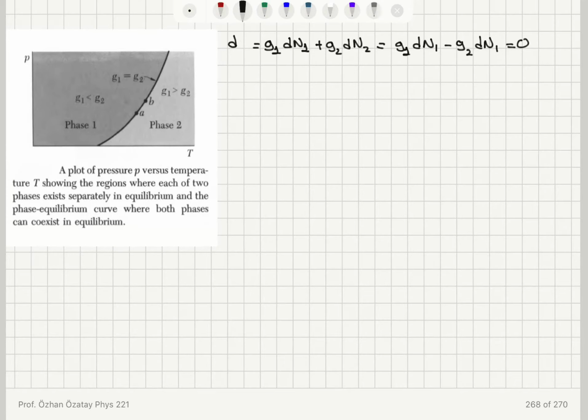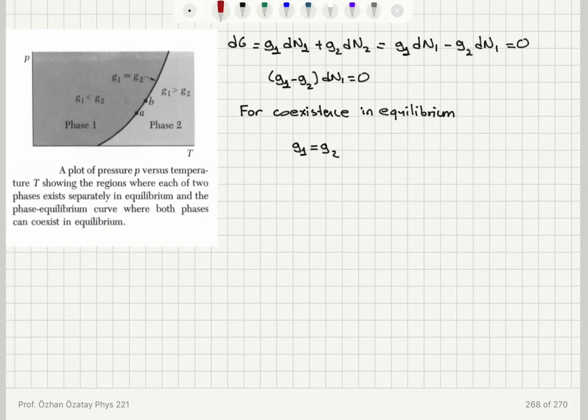So this is dG for the extremum point of the Gibbs free energy. This will imply that (G1 minus G2) dN1 is 0. Therefore, we find that for coexistence in equilibrium, the Gibbs free energy per molecule in the two phases must be the same.